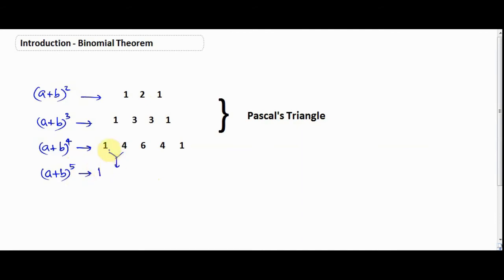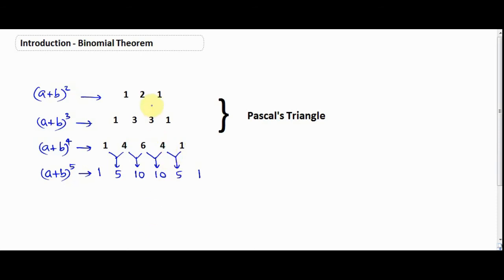Okay, 1 plus 4 will give us 5. Then 4 plus 6 will give us the value of third coefficient, it will be 10. Then 6 plus 4 will give us 10, that will be the fourth coefficient, and 4 plus 1 gives us 5, which will be the fifth coefficient, and the last coefficient will be 1.